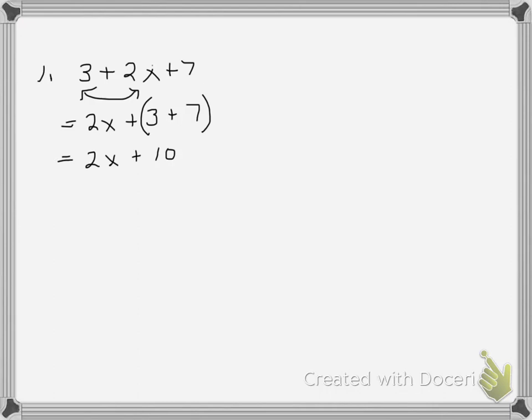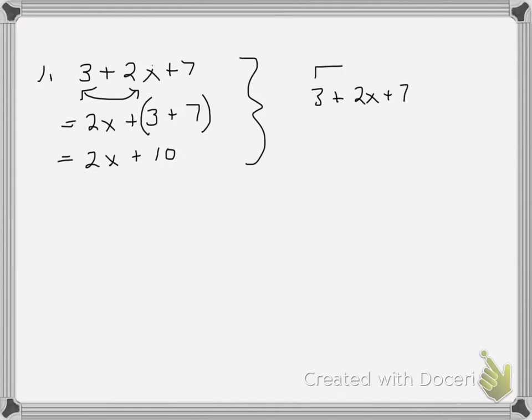So I'm showing you several steps to do a fairly straightforward, simple problem, showing you that it's valid to combine them like this because of my associative and commutative properties. Now I want to look at this problem again here on the right. It says 3 plus 2x plus 7, and I want to simplify this.